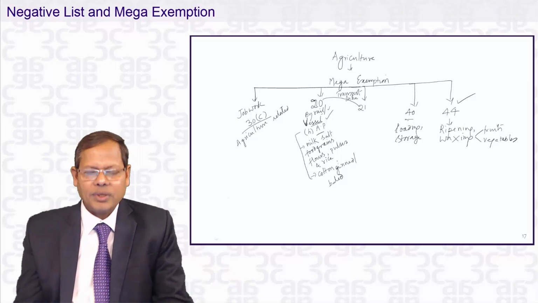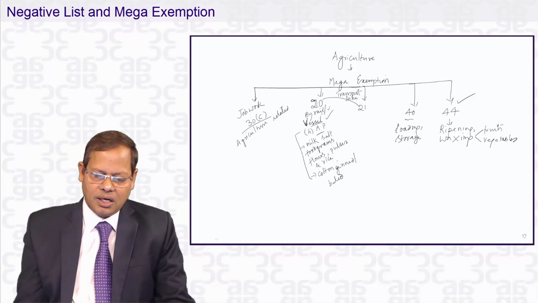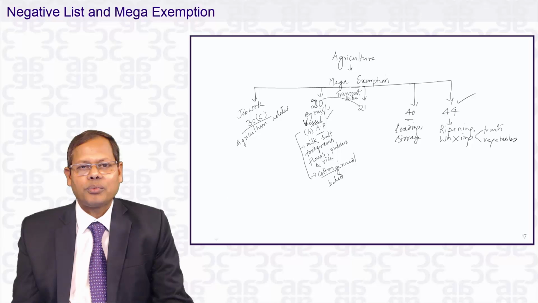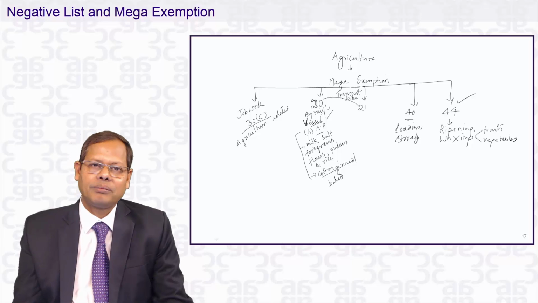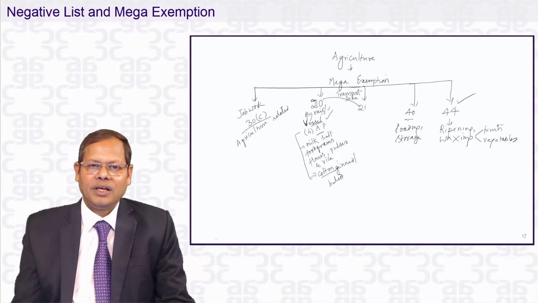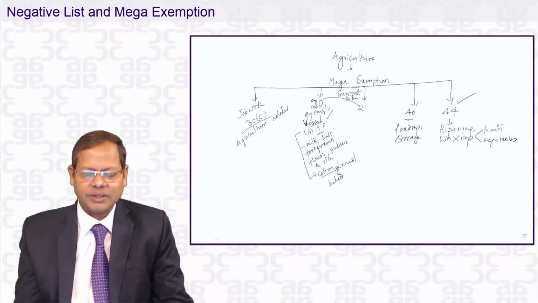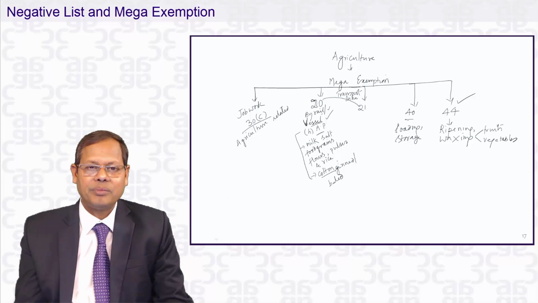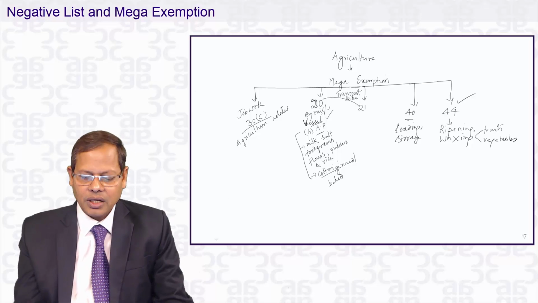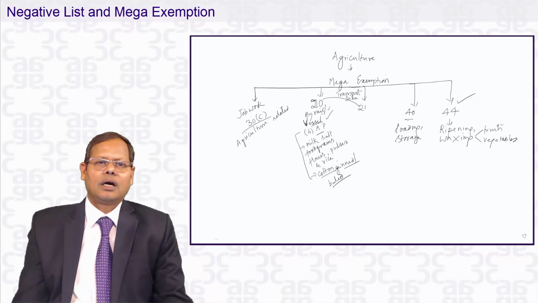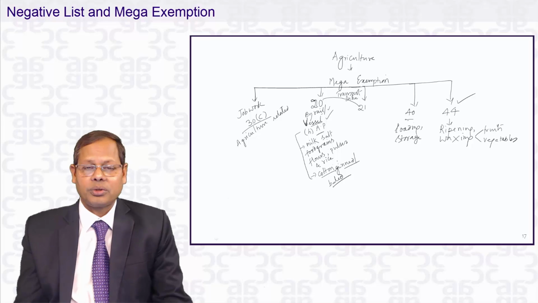So obviously government thought that cotton is not a product meant for agriculture primary process. If it is an agricultural produce, it is already covered there under negative list. But they have specifically mentioned in the mega exemption means cotton, ginned cotton or baled cotton. Raw cotton is an agricultural produce. It has to be taken care of. It has to be understood.